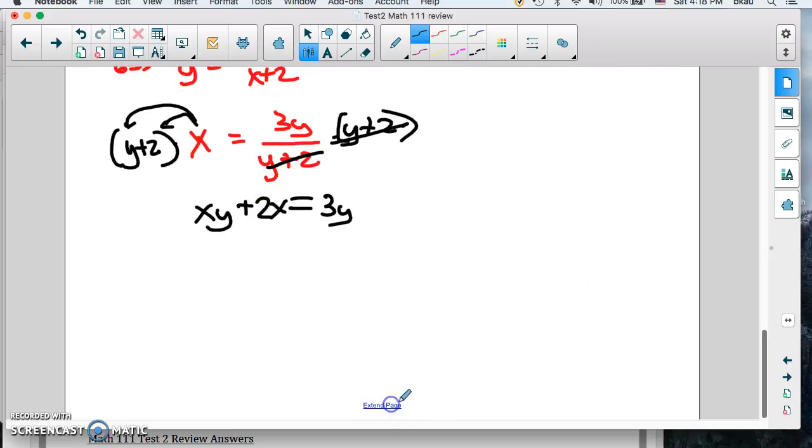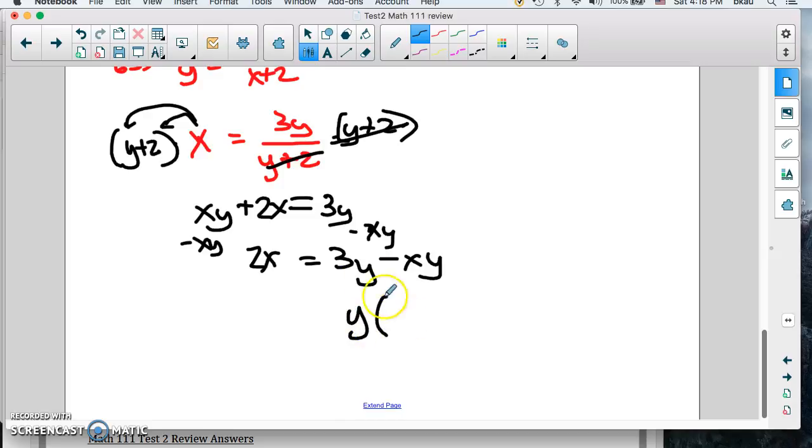Now we're solving for y, so we need to put the y's together. I'm going to move this over here. So I have 2x, and I'm going to subtract the xy, so I get 3y minus xy. Now this is the trick of solving this. We need to get y by itself, so we have to actually factor it out. We factor out the y and we get 3 minus x.